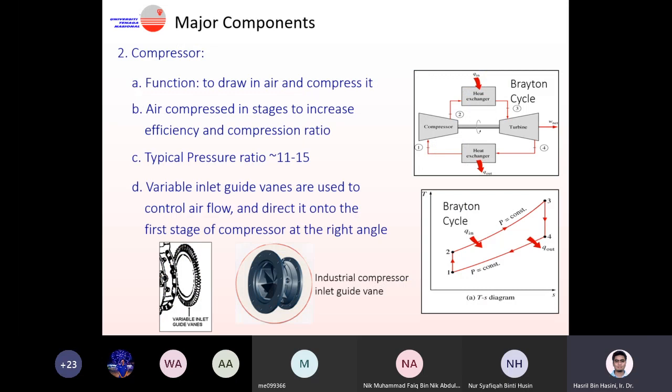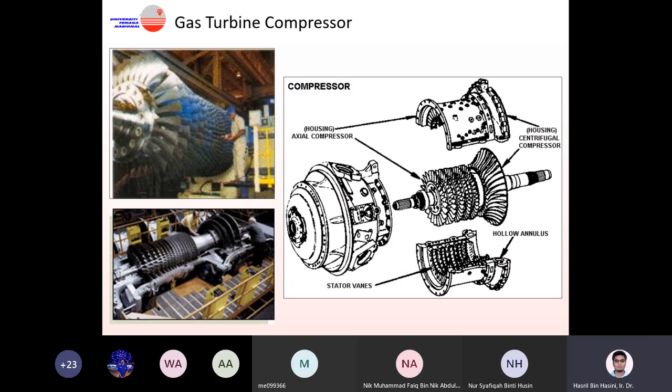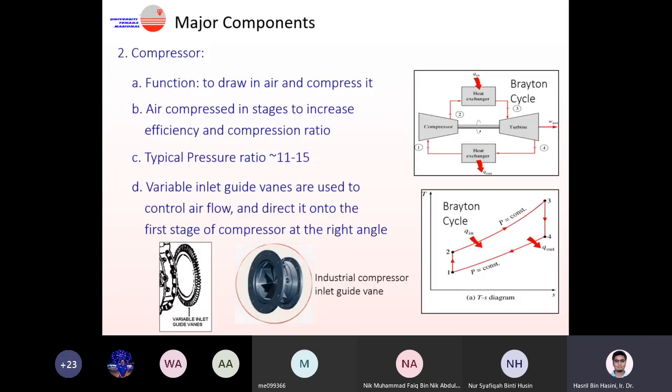Okay, the next major component is the compressor. As you know, the function of the compressor is to draw in air and compress it. Compression happens in different stages.